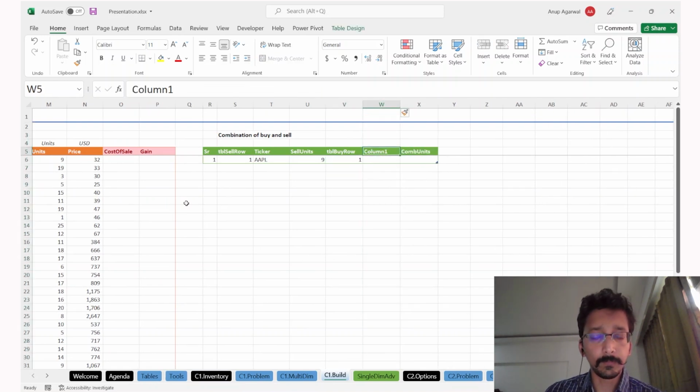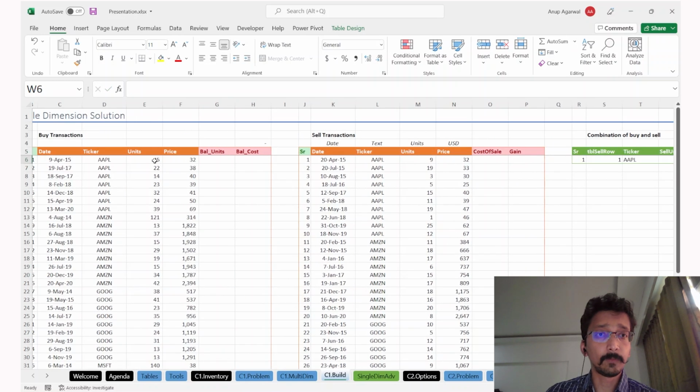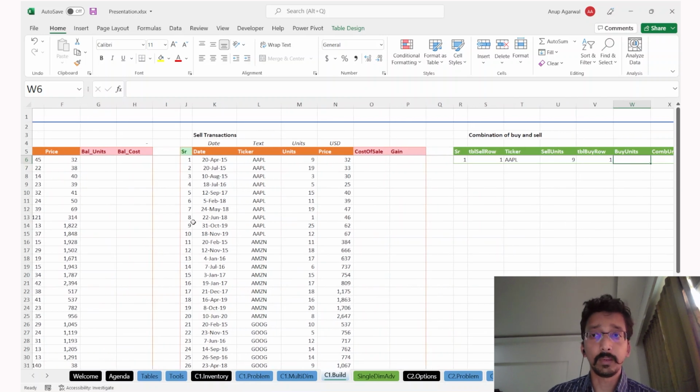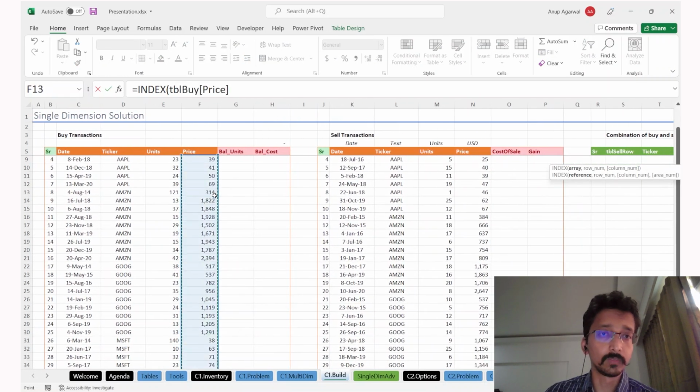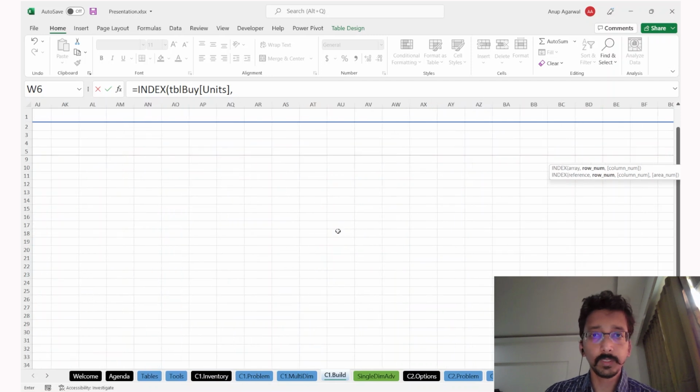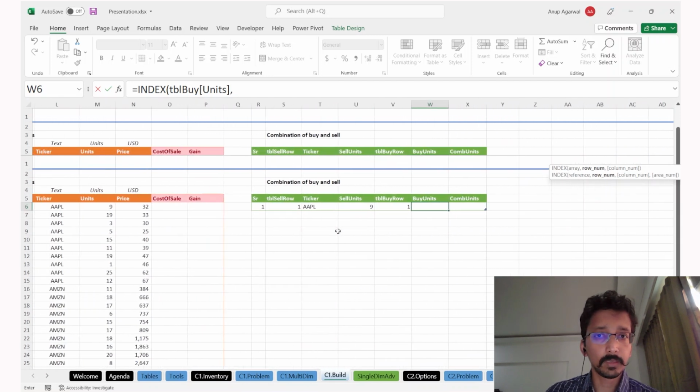I'll also get the buy units. So it's like how many of these 45 units are left to be allocated to a buy-sell combination. For a moment, it is all these 45. Sorry for that.